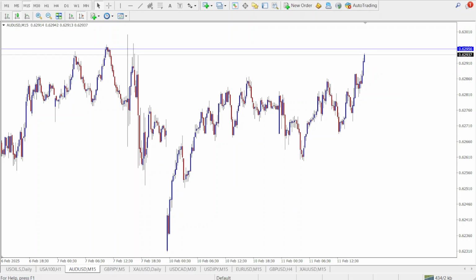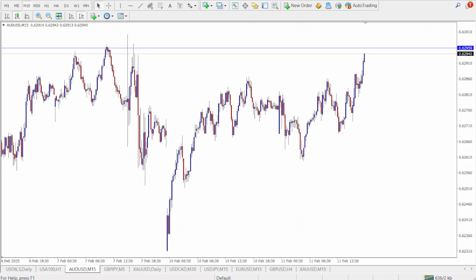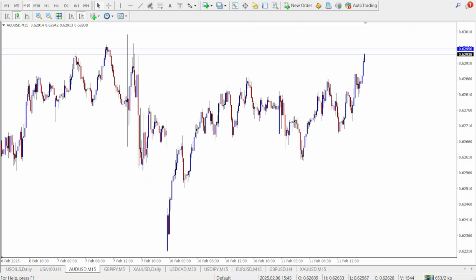First things first, what exactly is a currency pair? In Forex, currencies are traded in pairs, meaning you are always comparing the strength of one currency against another. For example, this is the AUD/USD, meaning we are comparing the Australian dollar against the US dollar.